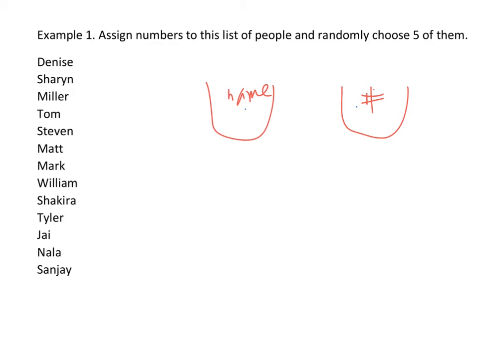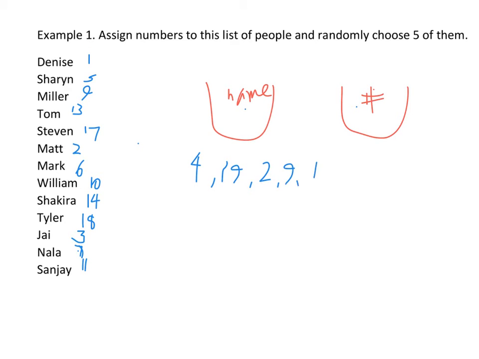So let's say you generate random numbers and you make Denise a 1, Sharon a 5, Miller a 9, and so on. And so let's say we generated all these numbers. If you generated some random integers 4, 19, 2, 9, 13, and 14.